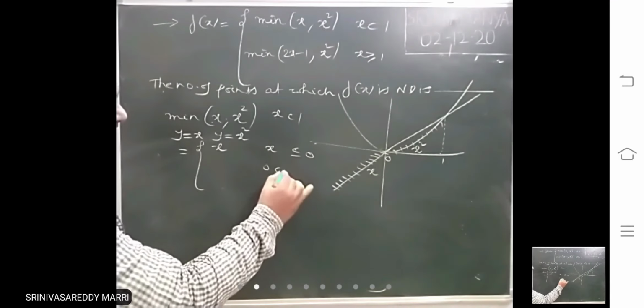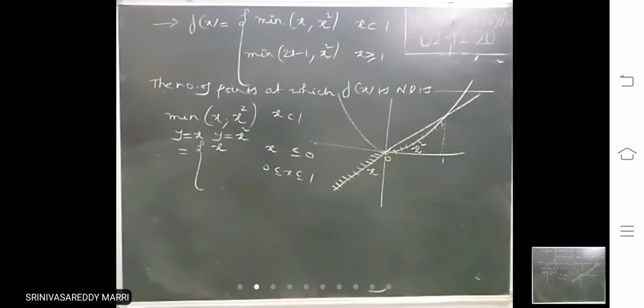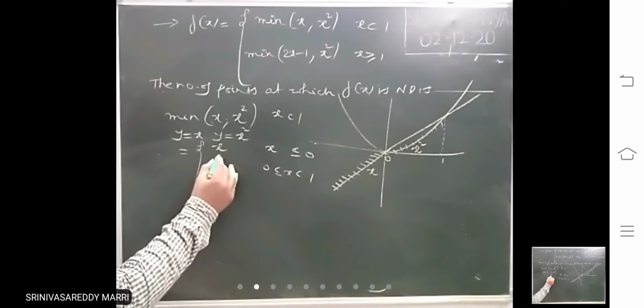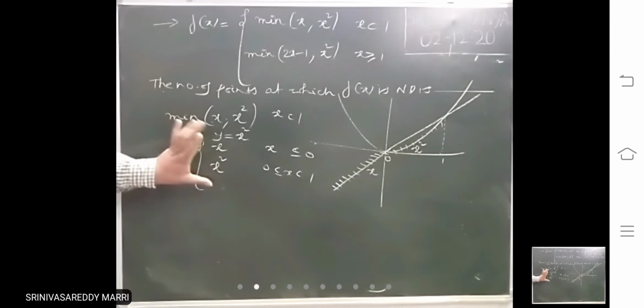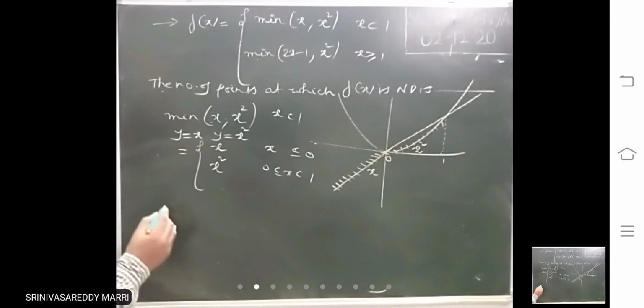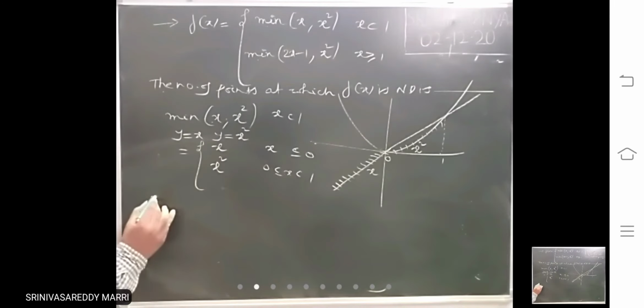Then when x lies between 0 and open 1, it is x square. So this definition will be x when x is less than or equal to 0, x square when 0 to 1. Next one, you take and construct separately.